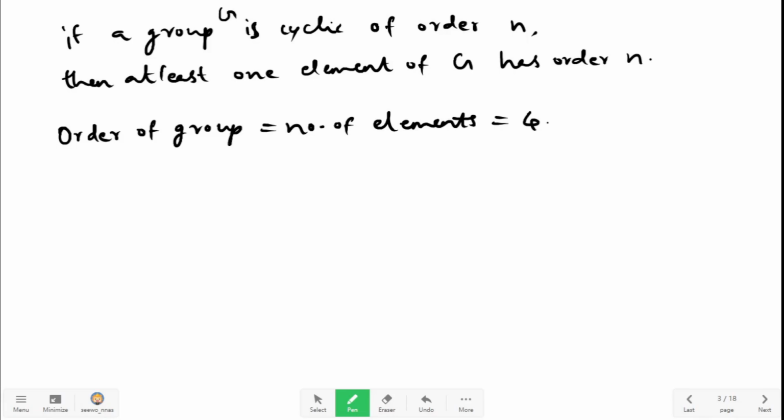Now if group G is cyclic, then we need at least one element of G to be of order 4. Now what is the order of an element in a group?